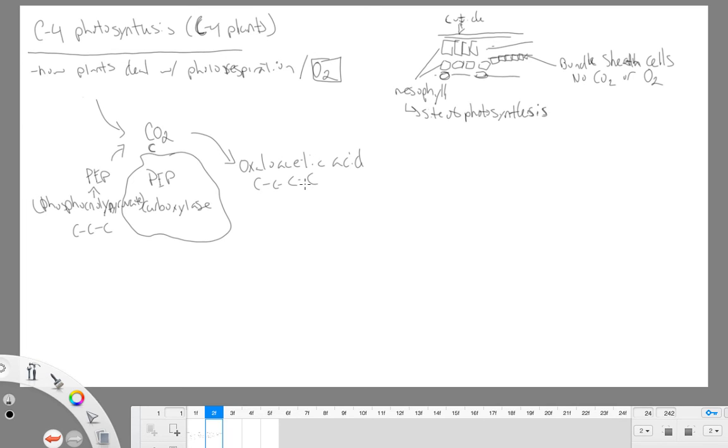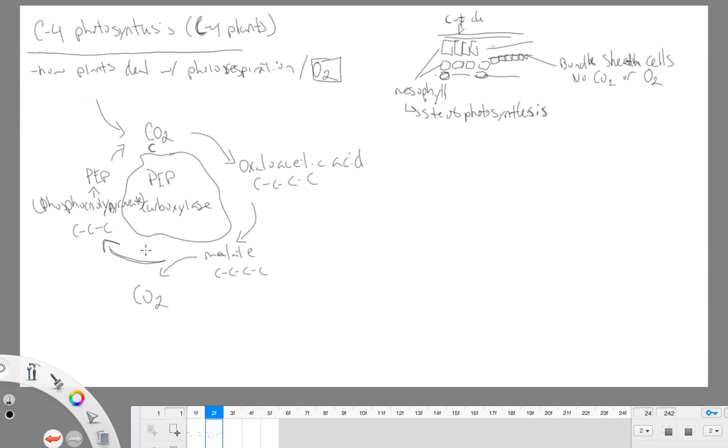Right, and then this oxaloacetic acid, or oxaloacetate, gets turned into malate. And again, malate is a 4-carbon molecule. And then from malate, we can produce carbon dioxide and more PEP. Right, so this is the C-4 cycle right here.